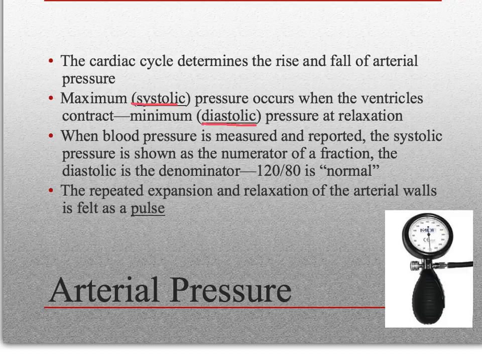And so usually when you get your blood pressure taken, it's reported as how much pressure is there at contraction and how much pressure is there at relaxation. And we make that into a fraction. So contraction over relaxation, usually people have a pressure of about 120 over 80, but there's a lot of variation in there. You can feel this pressure in your arteries as a heartbeat or a pulse.